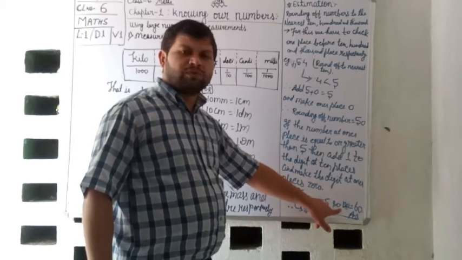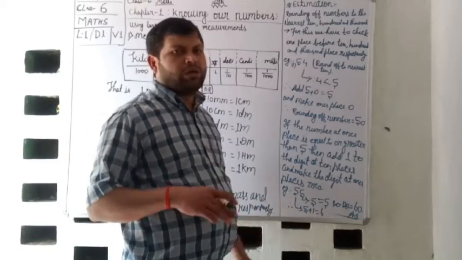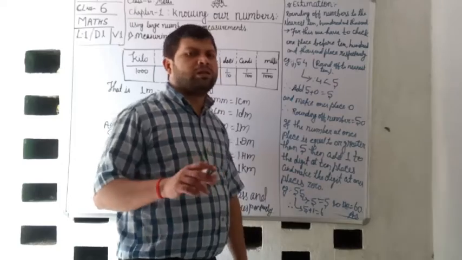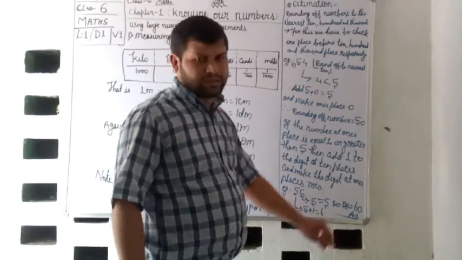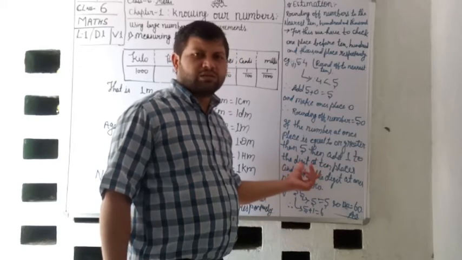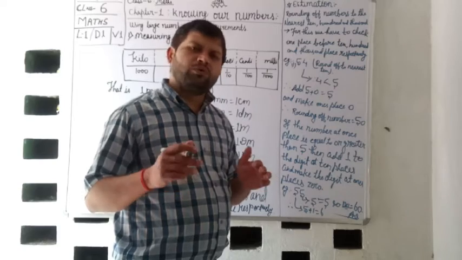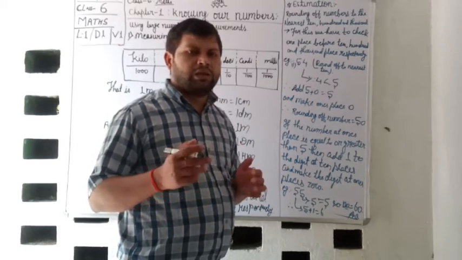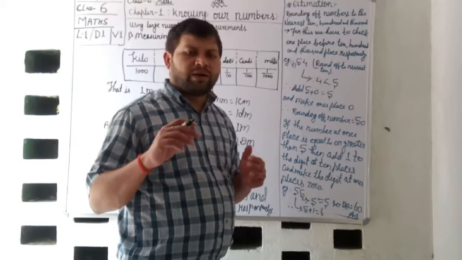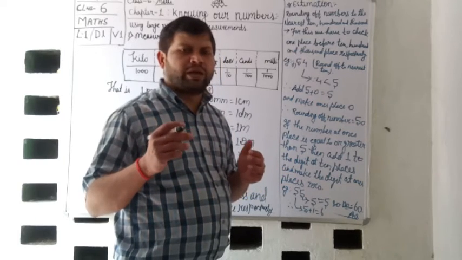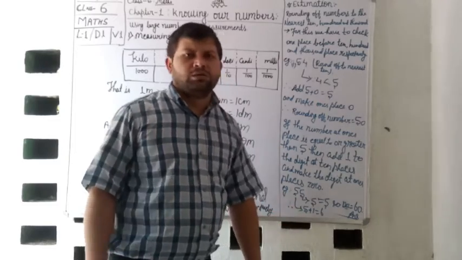So the rounded number is 60, and we make the ones place 0. In the same way we round off to the nearest 10. I hope you have understood, and you will practice a lot of problems, because by practice you can make your calculations easier.